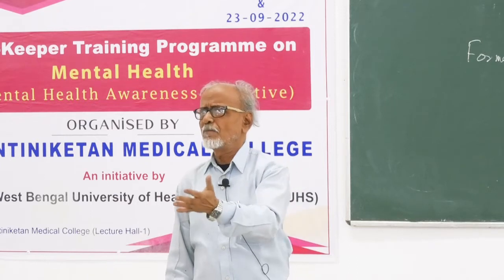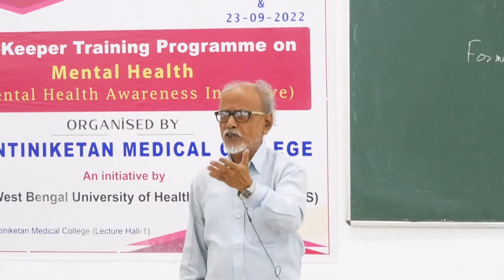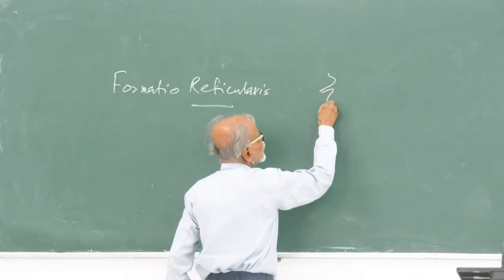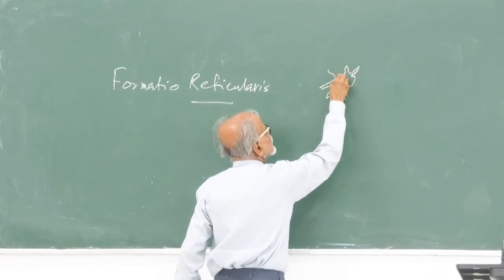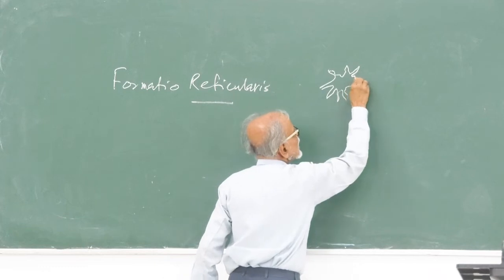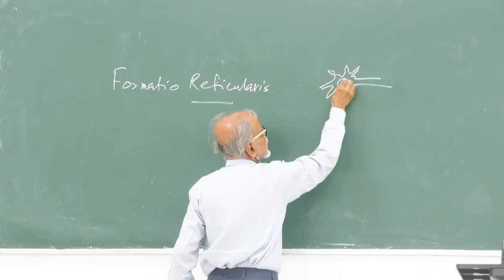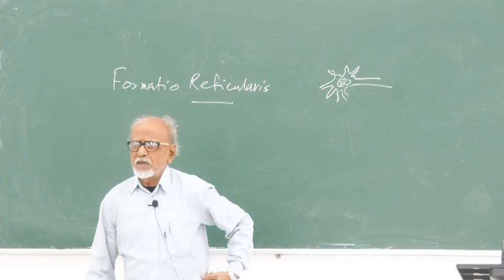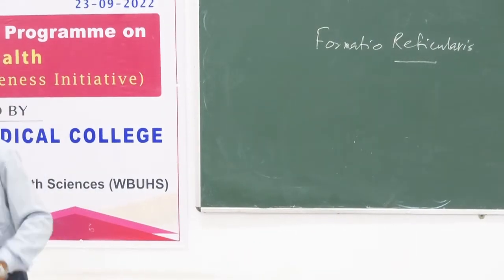It may so happen that a reticular neuron axon, after coming out from the neuron, ধরো এই ফর্মেশিও রেটিকুলারিসে আমরা একটা এরকম মাল্টিপোলার নিউরন দেখতে পাচ্ছি, এরকম একটা মাল্টিপোলার নিউরন আছে, these are the dendrites, this is the nucleus, this is the axon. It may so happen that a reticular neuron axon will bifurcate.